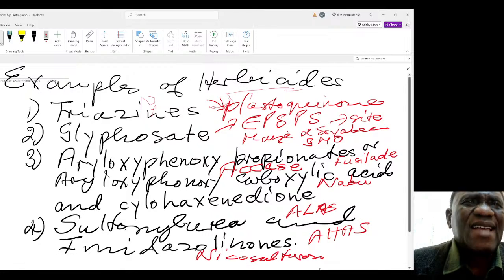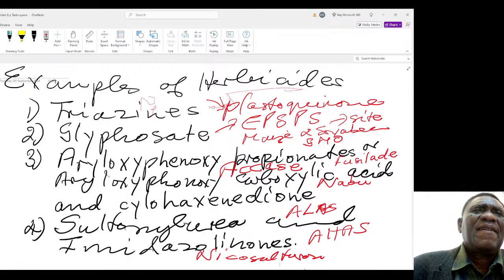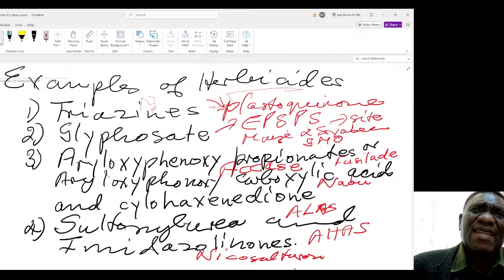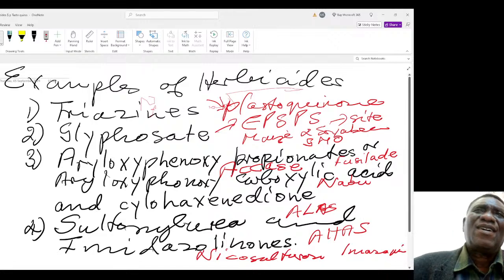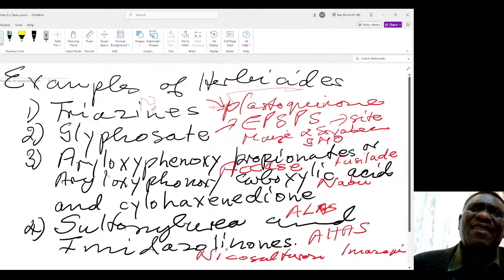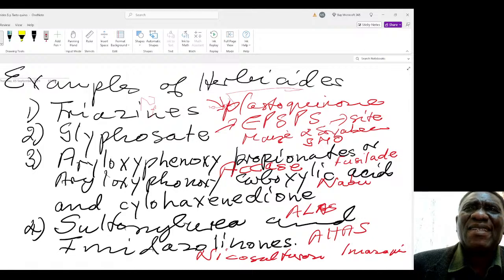Although maize is a grass, it's not going to kill it, but it can kill grasses. Then on imidazolinones, probably I can give an example of what is known as imazaquine, which can kill grasses, probably in soybean.